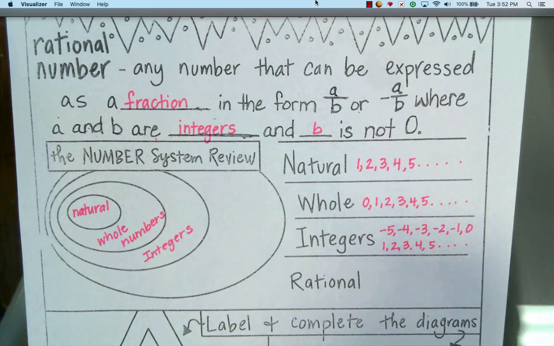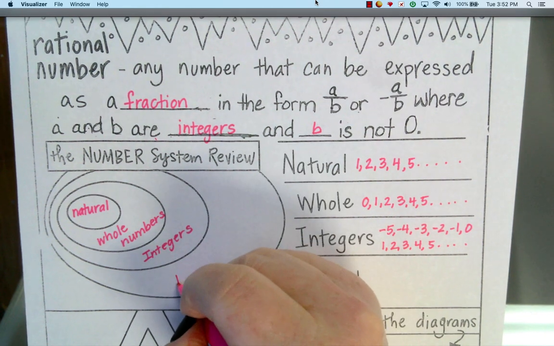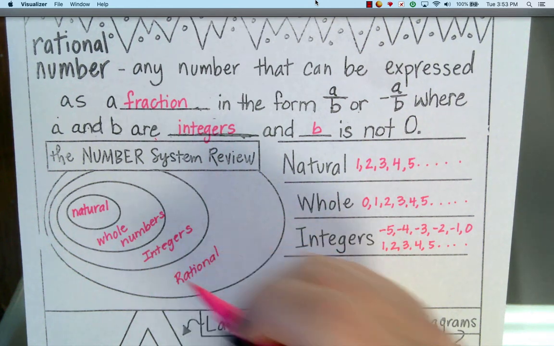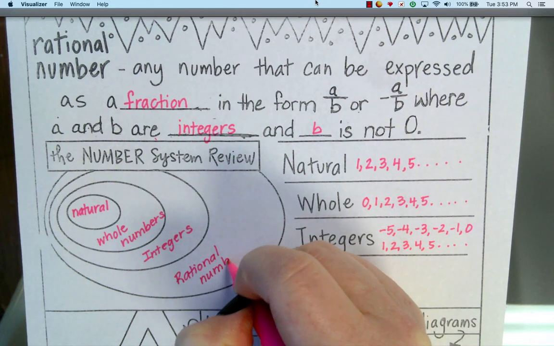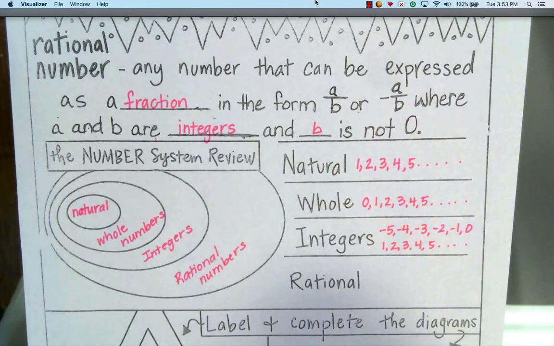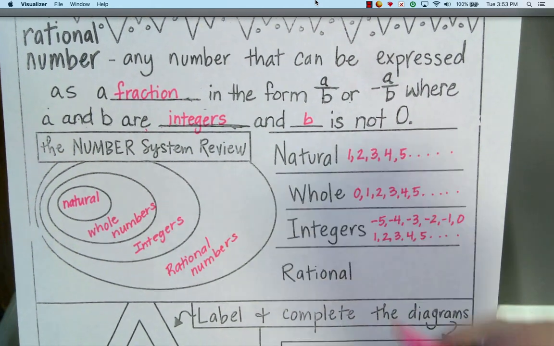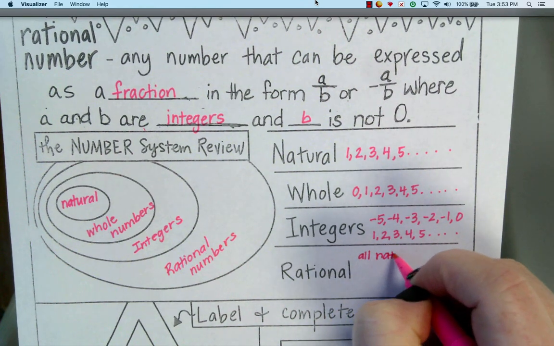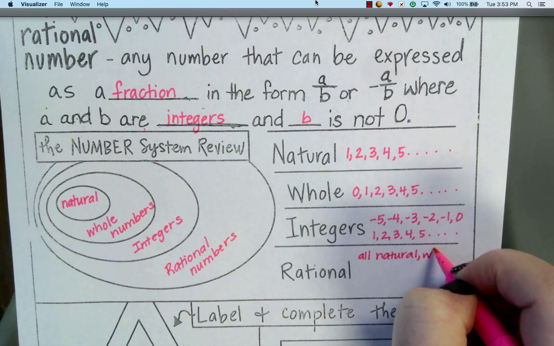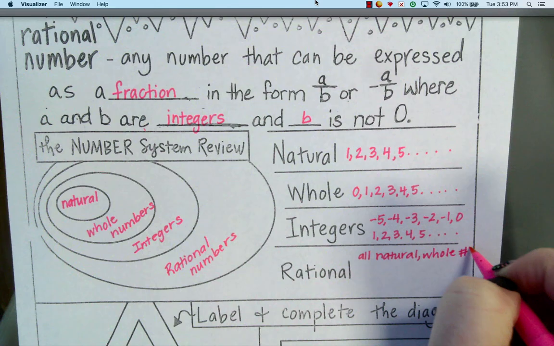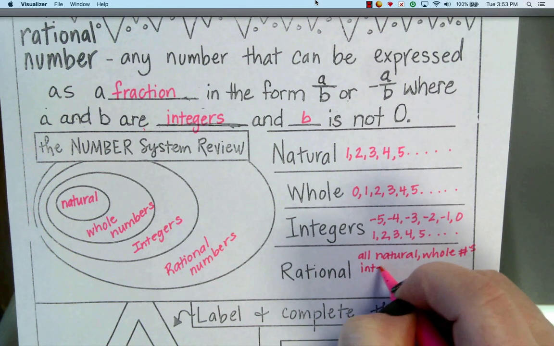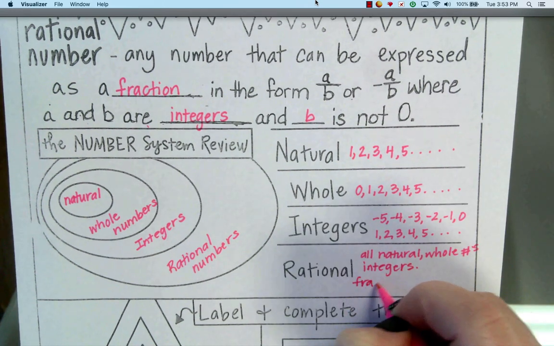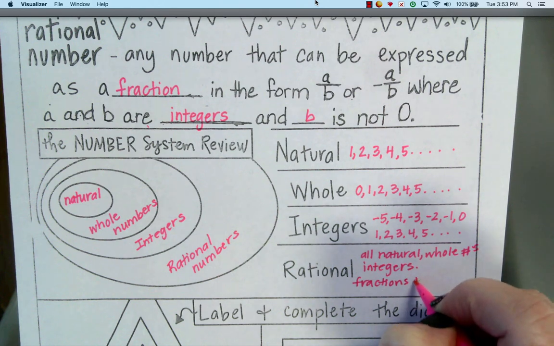Then, rational numbers. Rational numbers include everything, but also decimals. So we're going to say all natural numbers, whole numbers, integers, but also fractions and decimals, okay?